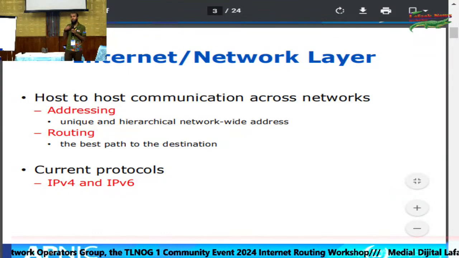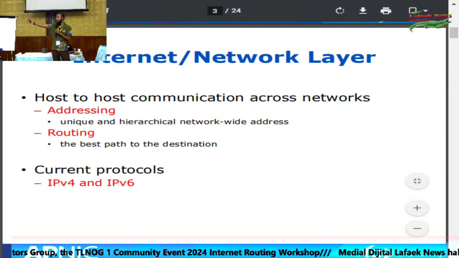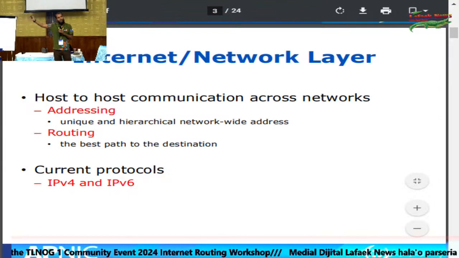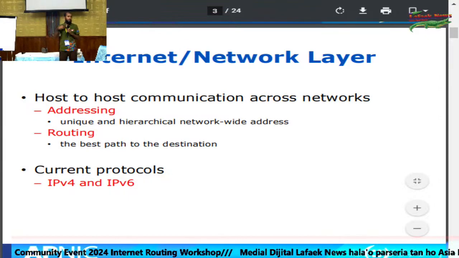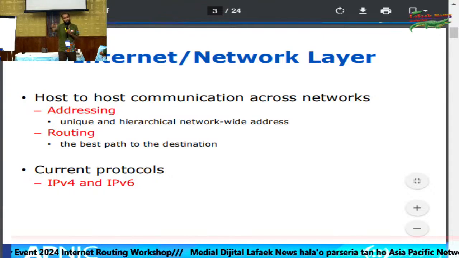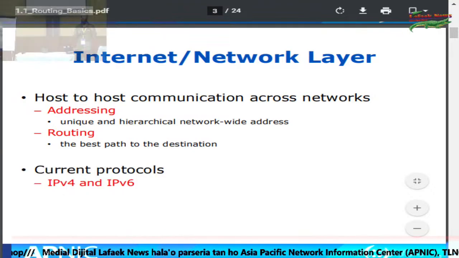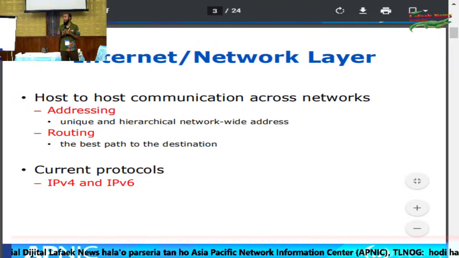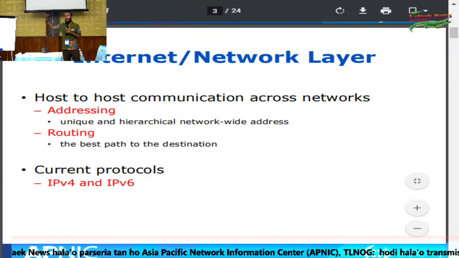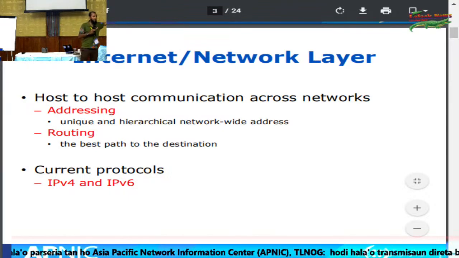Whatever I know, I'll tell my neighbor. Whatever they know, they will tell me. And this way we share routing information, meaning we share how to reach someone. For example, if I know somebody, some other person can ask me how to go to that person.